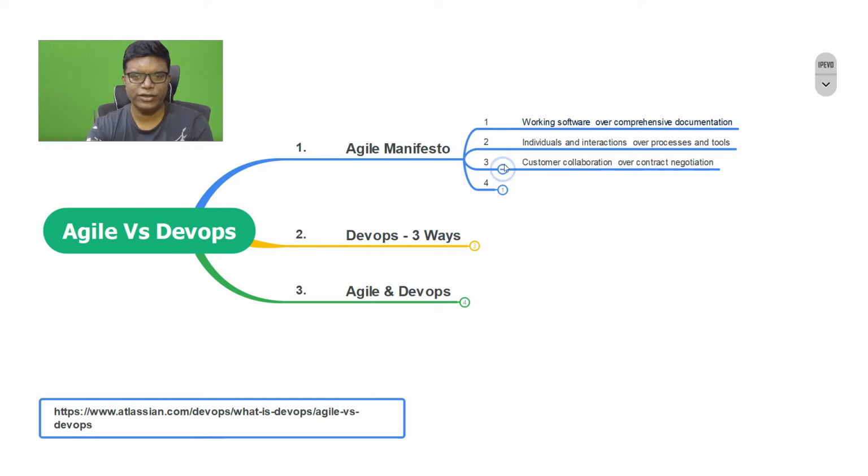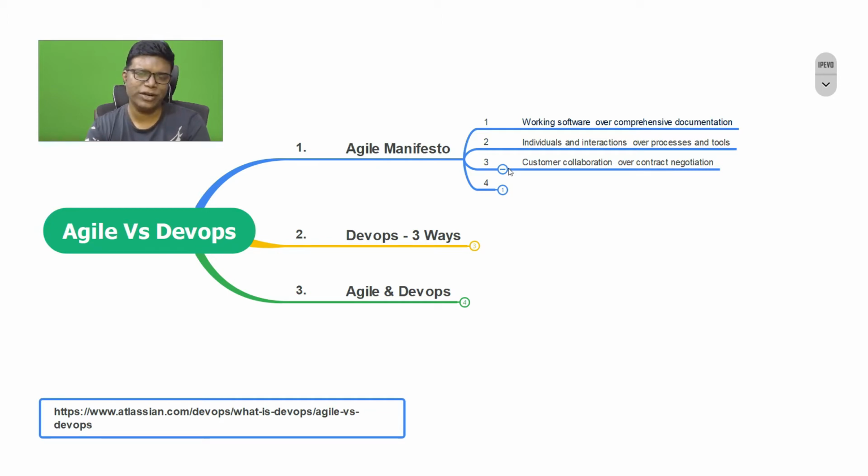The third one in the Agile Manifesto is customer collaboration over contract negotiation. This is an important aspect. With all of these, it says "over", which doesn't mean the second part is not important. That's also important, but what is the priority? What has to preempt the other? That is what this manifesto talks about.